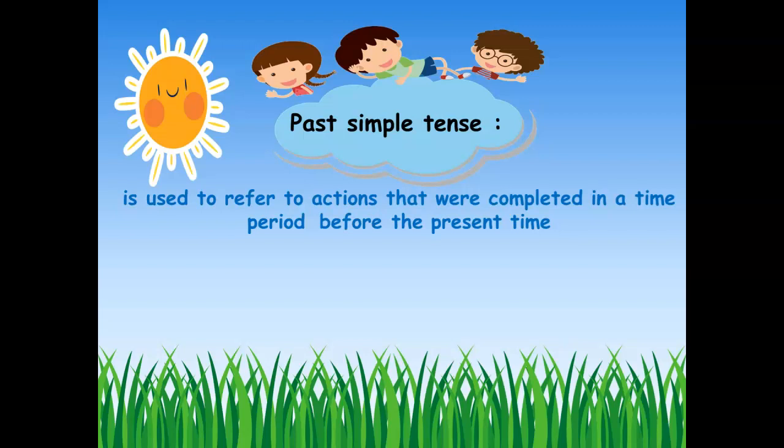I defined the past simple tense as used to refer to actions that were completed in a time period before the present time. This is the definition of the past simple tense.